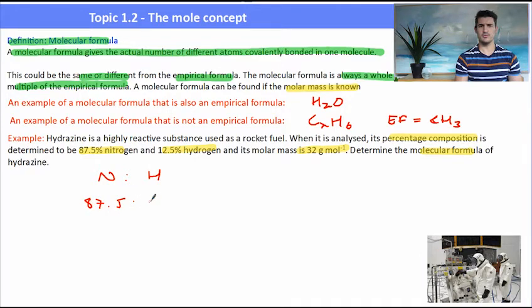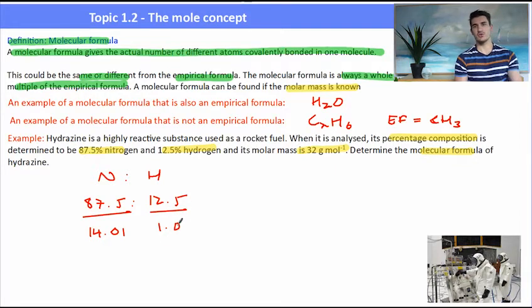That's going to give us a value, and once we get that value, we need to simplify the ratio by dividing by the smallest number. In this case, we'll divide by 6.25, which will leave us with a 1 to 2 ratio. So that means our empirical formula will be NH2.